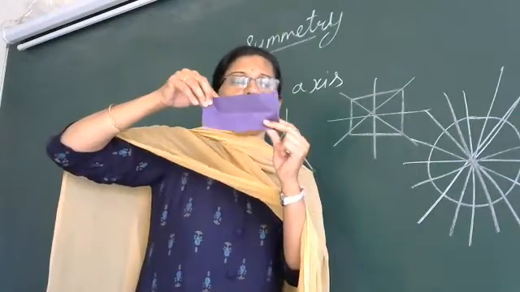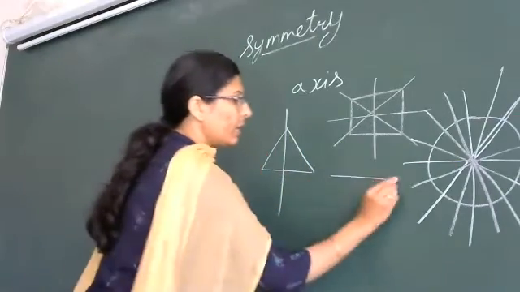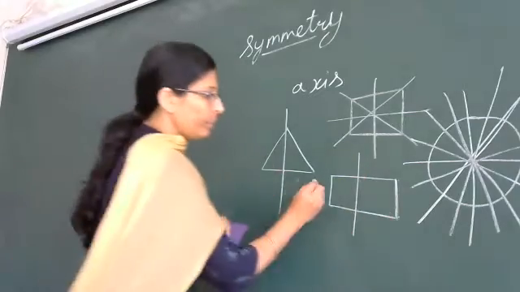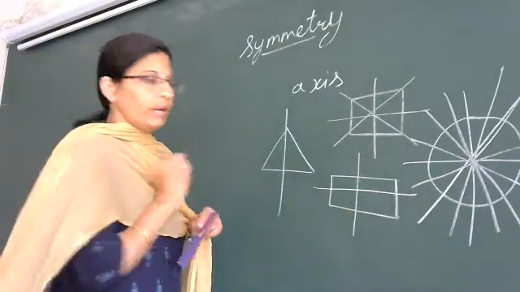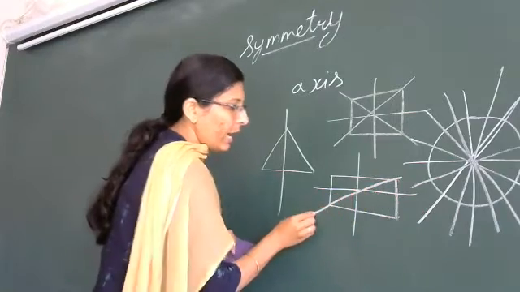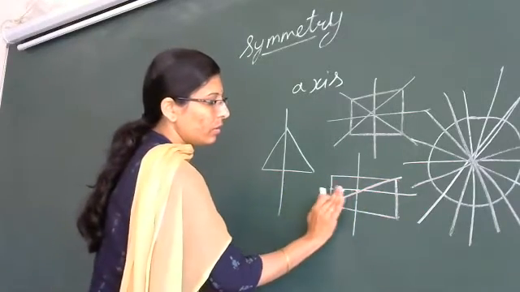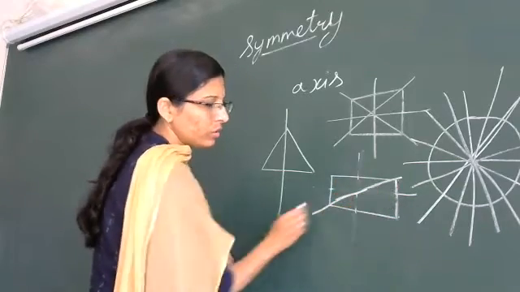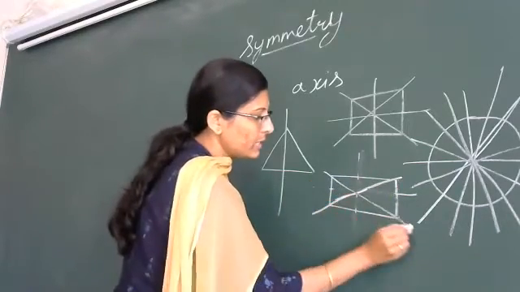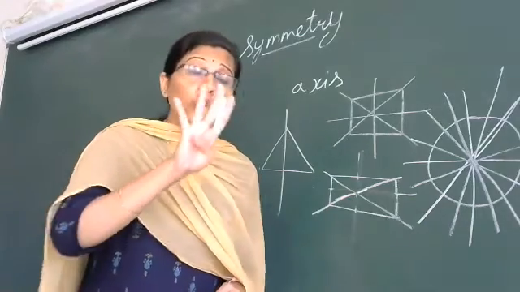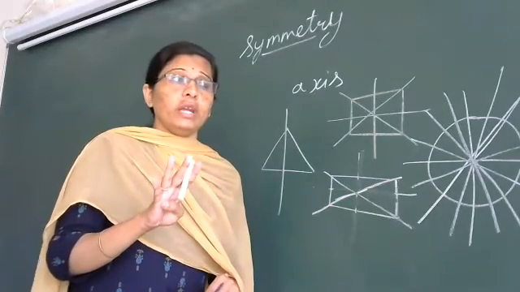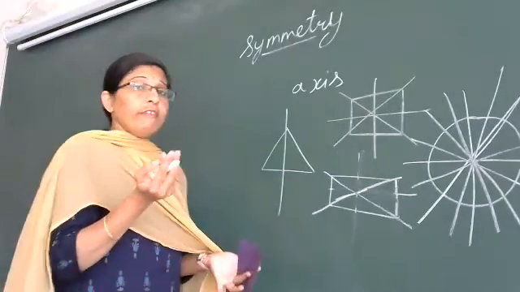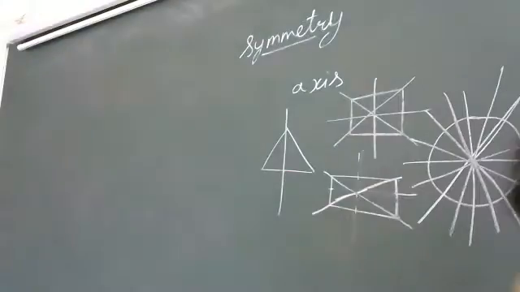If I fold like this, like a square, one line of symmetry, second line of symmetry. We can see both are the same. Here also we can see the same. So how many lines of symmetry does a rectangle also have?